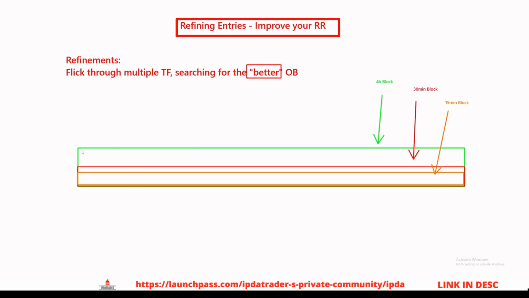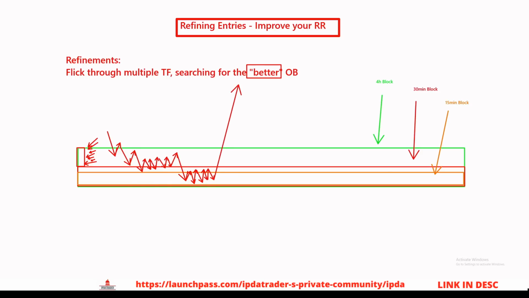Maybe you see that the beginning of the 4-hour block over here is all imbalance for the most part. So you know that has a probability of being filled, and you can say to yourself, hey, that's great. So I'm going to assume that that imbalance within the 4-hour block is going to get filled, and we're going to be tapping into a 30-minute refinement, 15-minute refinement, 5-minute refinement, however you want to structure that idea, right?